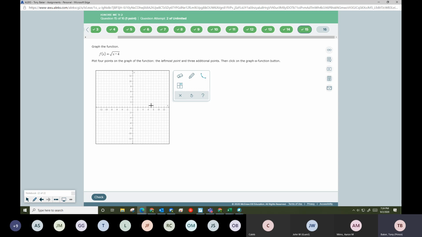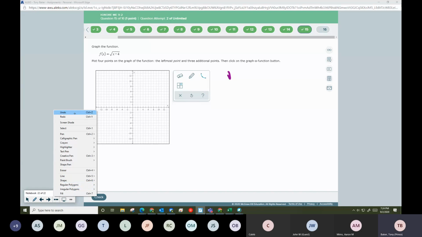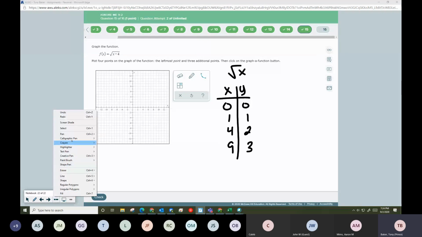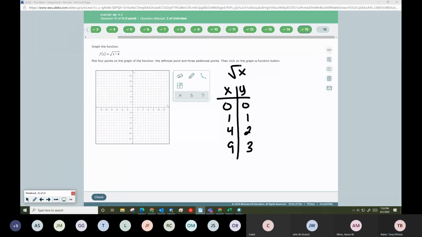So now this one, again, I'm still going to use my same parent function. So I'm still going to use the square root of x. So I have x, y, I have 0, 0, 1, 1, 4, 2, and 9, 3. But now this function, it's underneath, and it's minus 4. So remember what we said with the transformations. If it's inside with the x, I do the opposite of it.